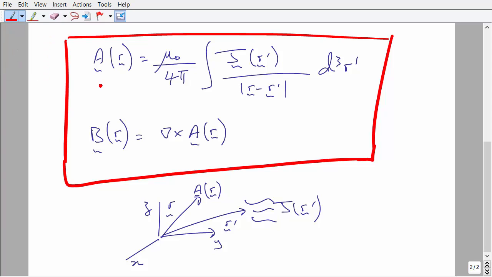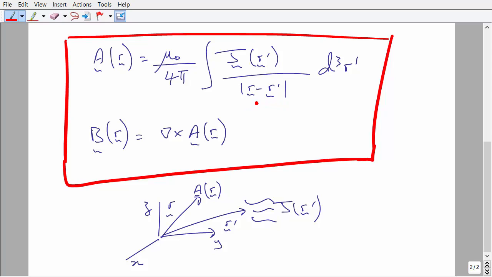Okay, so this is the equation we're going to use, the expression for A. If you want to have a look at the proof for this, go and have a look at it in Griffiths or any other classic textbook. It's not a very instructive proof, so I'm going to concentrate more on using this formula rather than proving it, but please go and look it up to satisfy yourself.